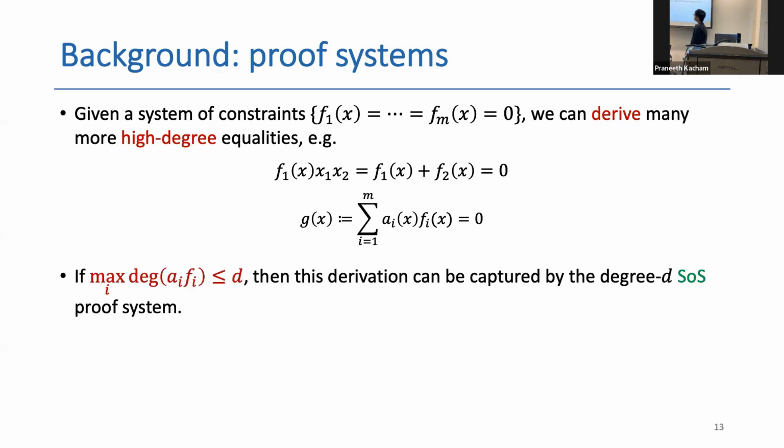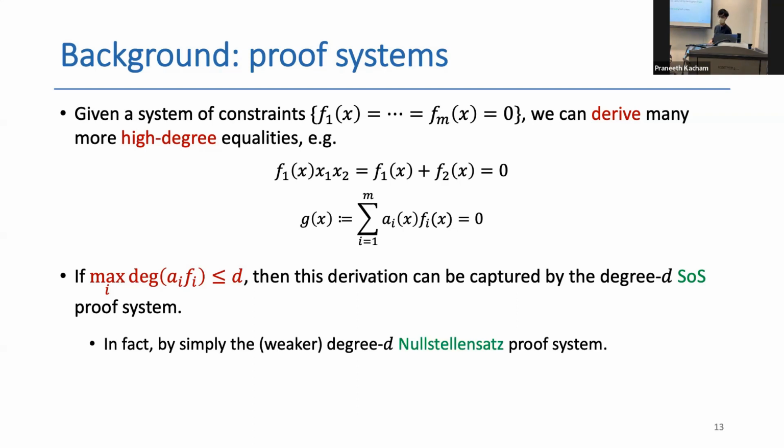And if the max of the degree of ai fi is less than d, then this derivation can be captured by the degree d SOS proof system. Like Omar hinted, this can actually be captured by the weaker degree d Nullstellensatz proof system, but we won't distinguish these two for this talk.